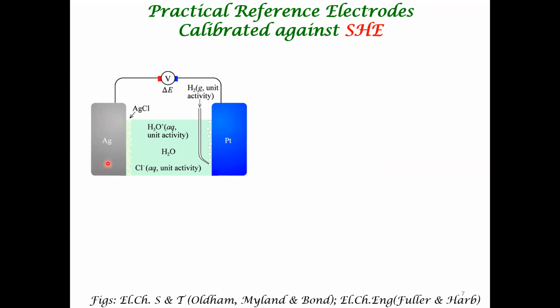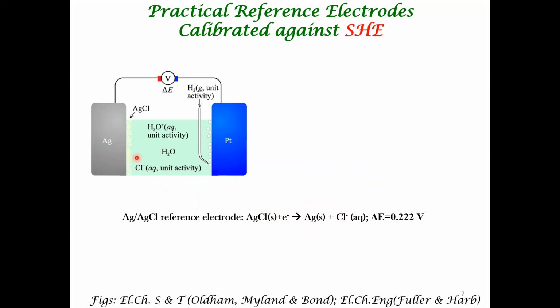How do you utilize this reference electrode? Again, this silver chloride electrode provides a reference energy level. How is that reference energy level established? It is established by another chemical equilibrium of relevance to this interface. Because of the existence of such a chemical equilibrium, I can relate the chemical potential of the electrons present in this electrode to the chemical potentials of these three quantities.